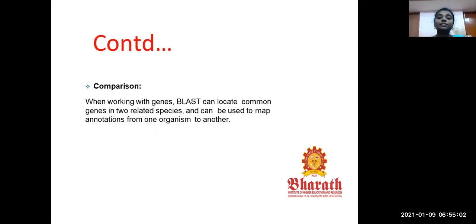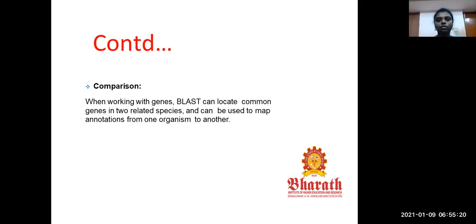And the third thing is comparison. When working with genes, BLAST can locate the common genes in two related species and can be used to map annotation from one organism to another. So if you're working with a DNA sequence, we can find its family.